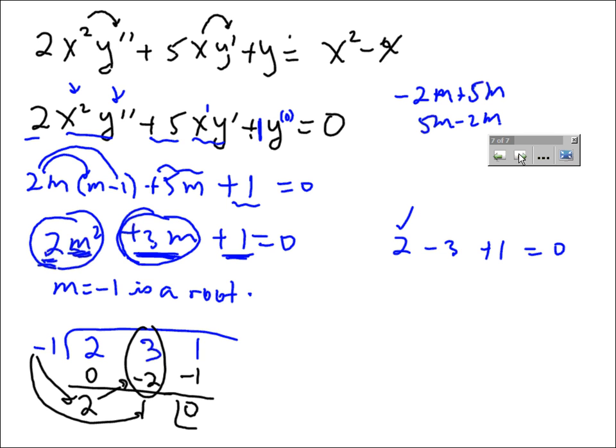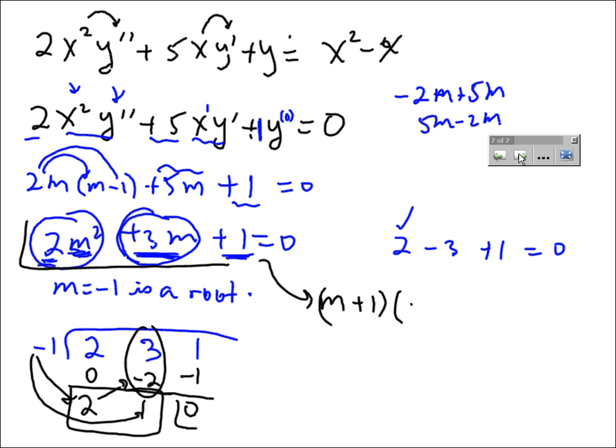But we already knew that. So when it comes to factoring this, we know that m minus a negative 1 is 0. m minus a negative 1 is the same as m plus 1. And then, since this was a quadratic, I know the numbers down here are linear. That is, it's 2m plus 1. So m is equal to negative 1, and m is negative a half.